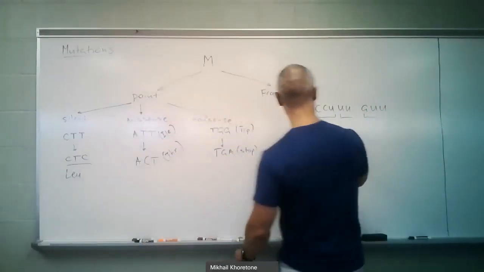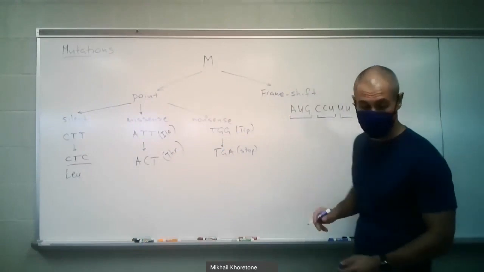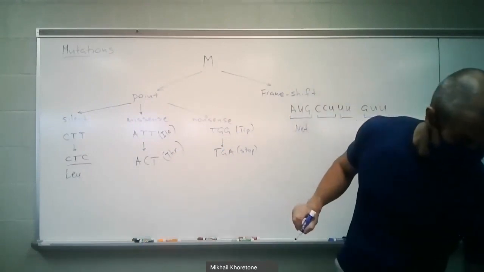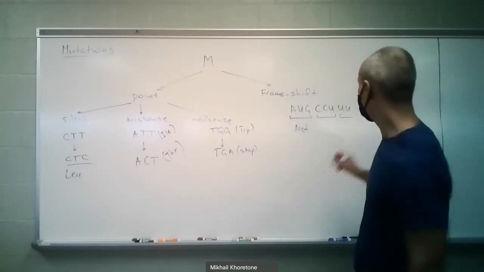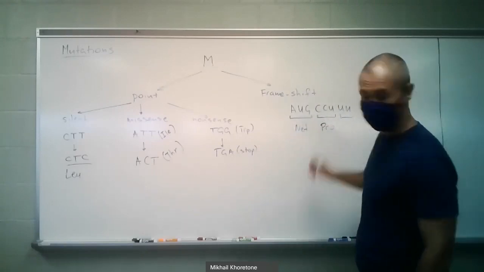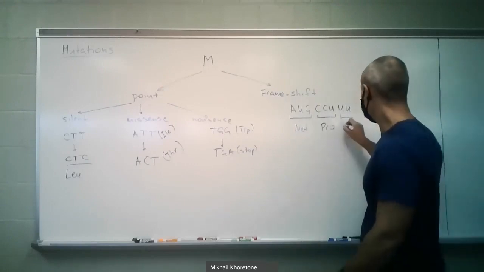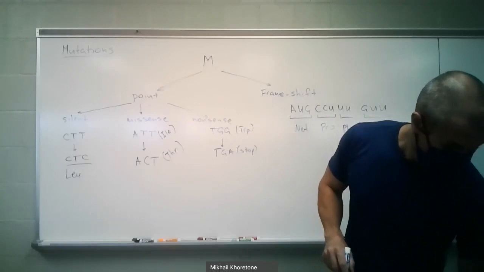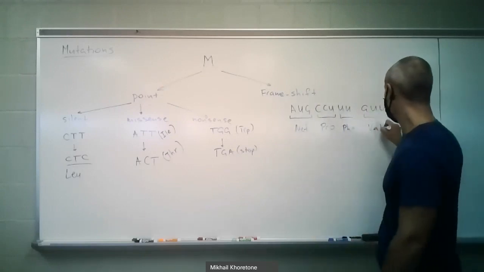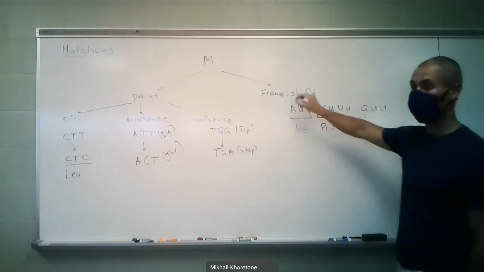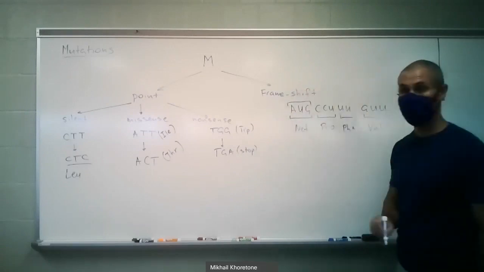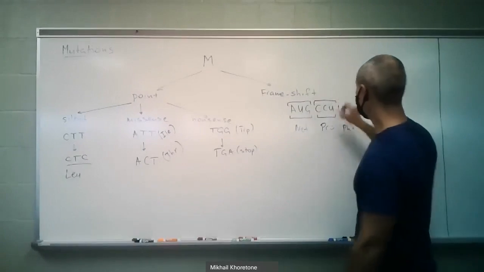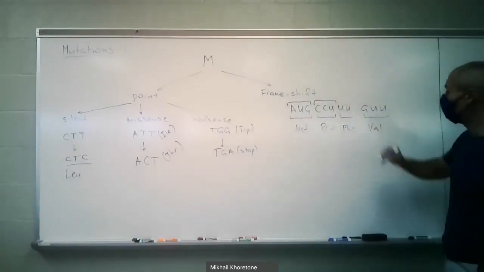The original one was methionine, CCU proline, phenylalanine, and valine. Now look what we get now. Frame, 3 codons, or 3 nucleotides, right? Another frame. Now look what happens to the frame of reading.